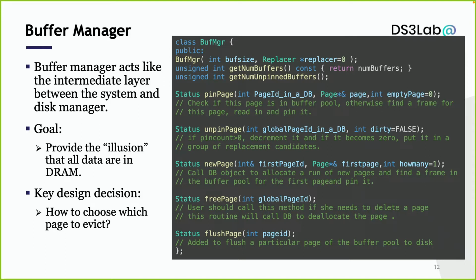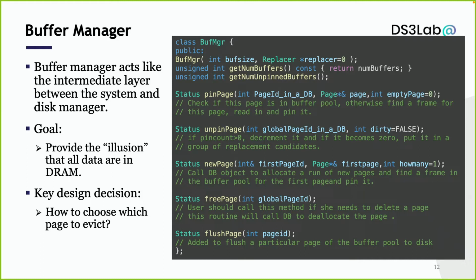That's the request that we talk about. To pin a page. You can unpin a page, which is to say, I don't need that page anymore. You can just do whatever you want. And then you can create a new page, you can free a page, you can flush a page to reflect all the updates you have. So this is the interface a buffer manager provides to the upper layer. Essentially, as you can see, it provides the illusion that all your information is inside your main memory.